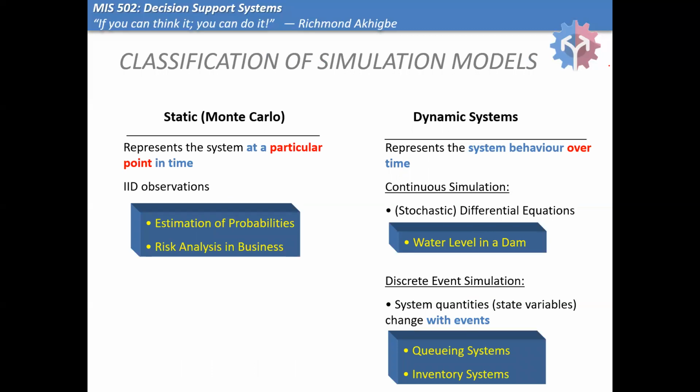Now, I'll not try to confuse you too much, but there are different kinds of simulation. One is called static Monte Carlo simulation. Have you ever heard about this term, Monte Carlo? Monte Carlo is famous for so many things, but one of them is those games that people play with luck, right?